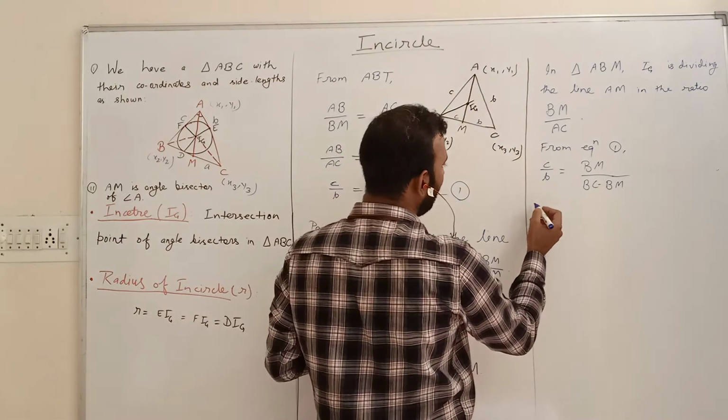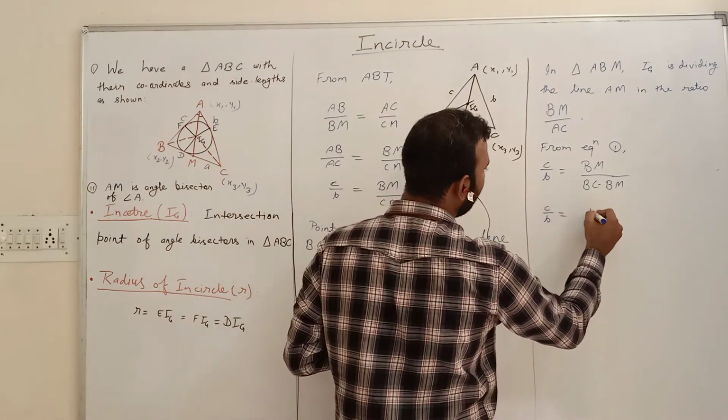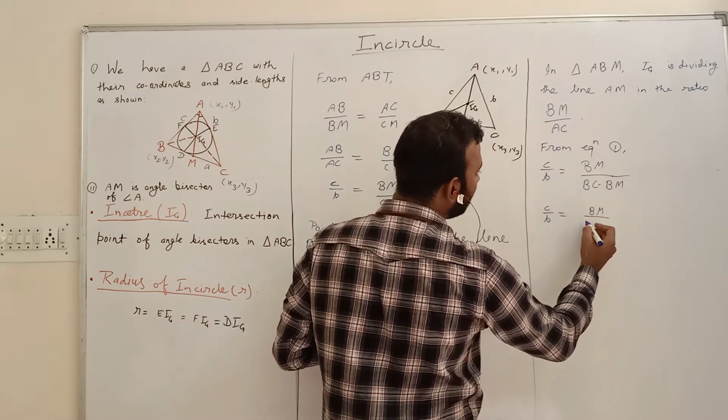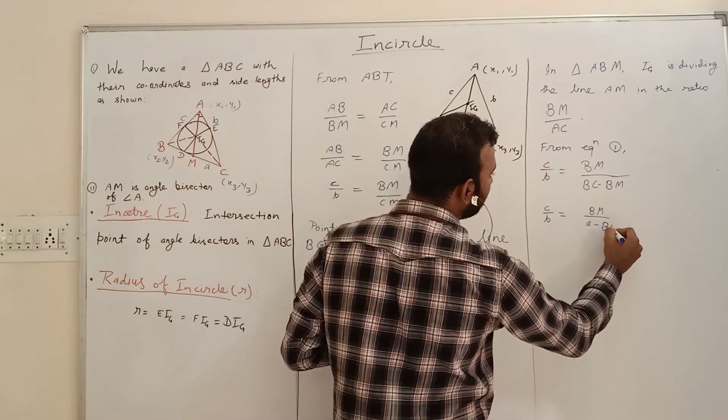So here we can write C upon B equals BM upon BC minus BM, and BC is small a minus BM.